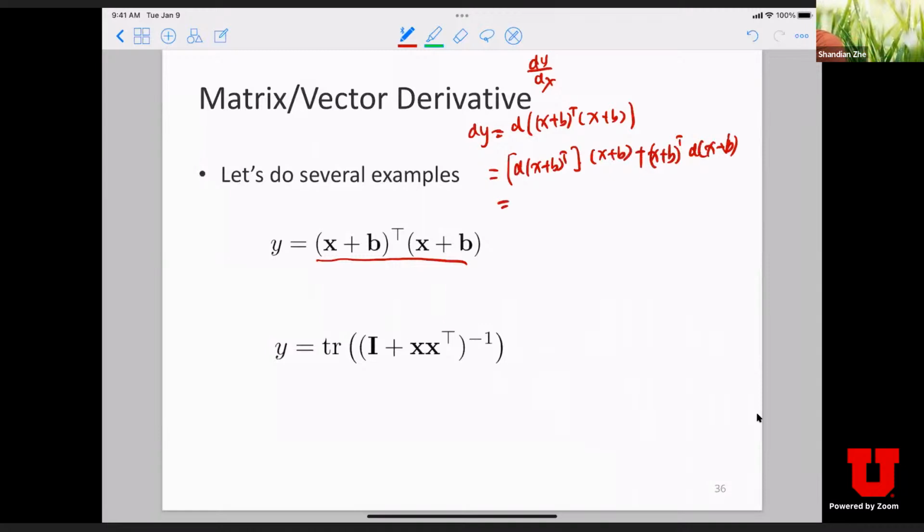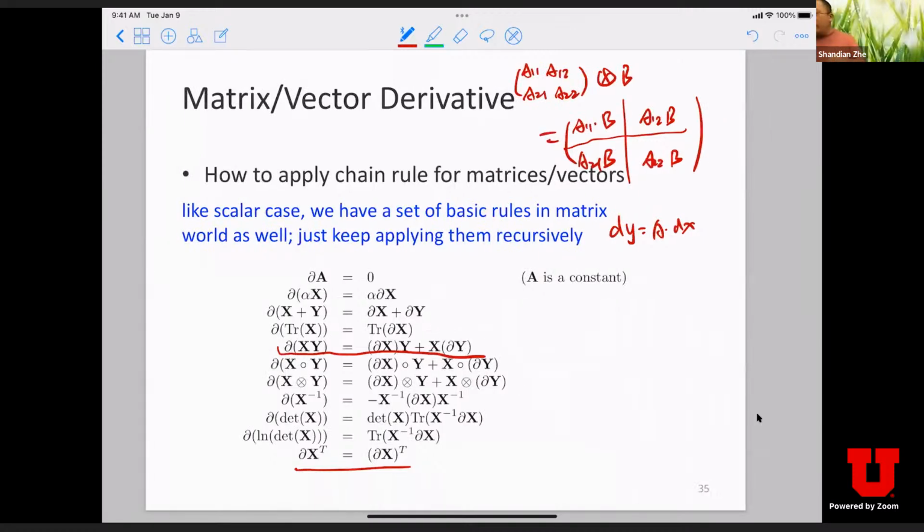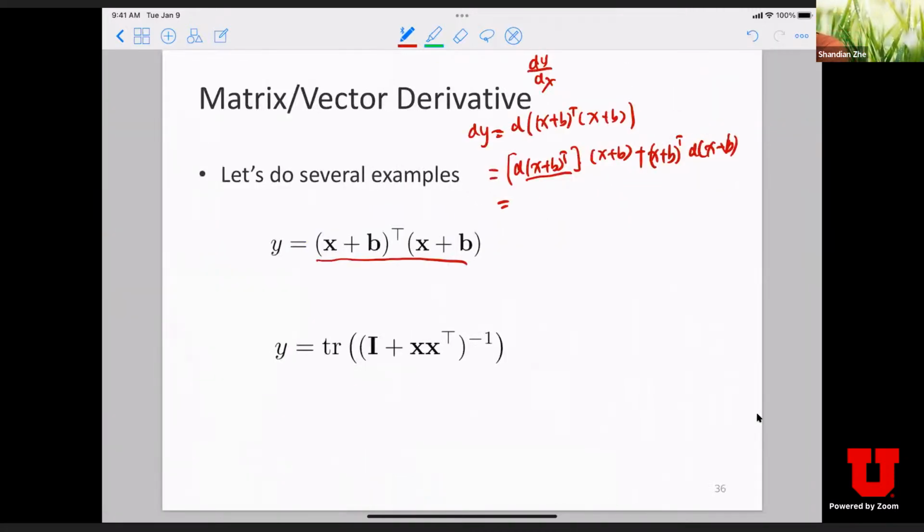And then if we want to take the derivative of a transpose, from the rule we have just seen, the derivative of a transpose is the transpose of the derivative. So we can first do the derivative and then take the transpose. That is d(x plus b) transpose times x plus b.